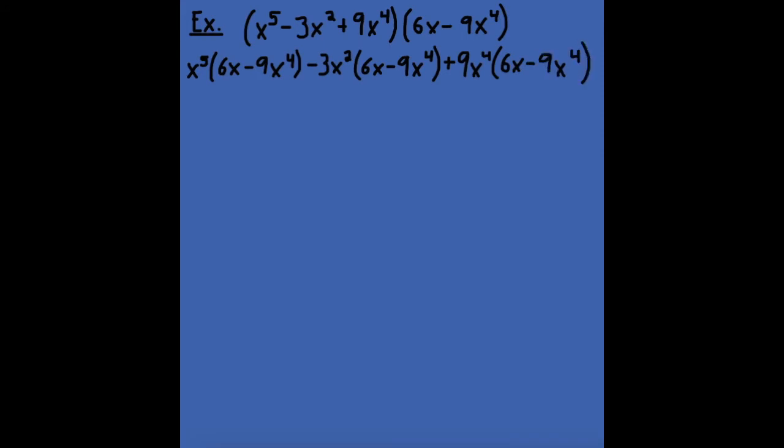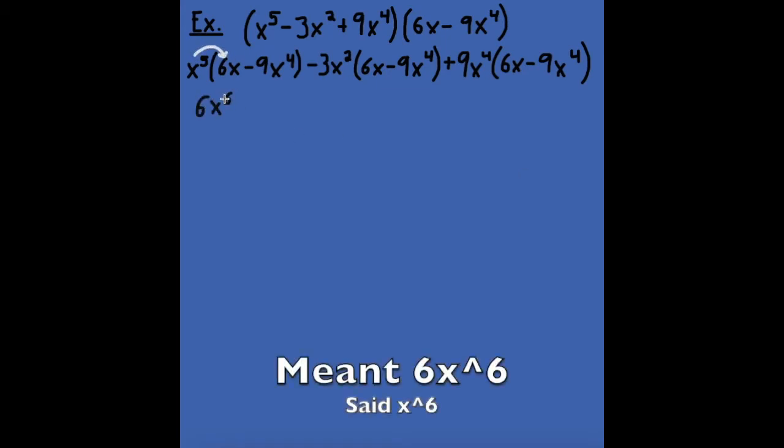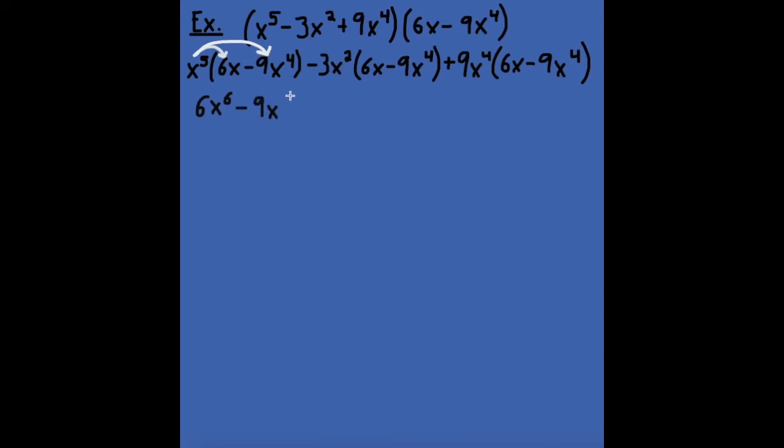Then we distribute. x to the fifth times 6x is 6x to the sixth. x to the fifth times negative 9x to the fourth is negative 9x to the ninth. Then we look at negative 3x squared and distribute. Negative 3x squared times 6x equals negative 18x cubed.